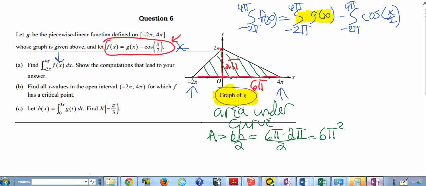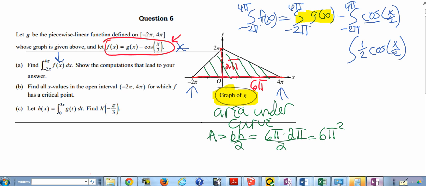And now we can actually take the integral of cosine of x over 2. So in this case, well, this is not just cosine of x, it's cosine of x divided by 2. So we need the derivative of x divided by 2, which is 1/2, sitting right in there next to the function.